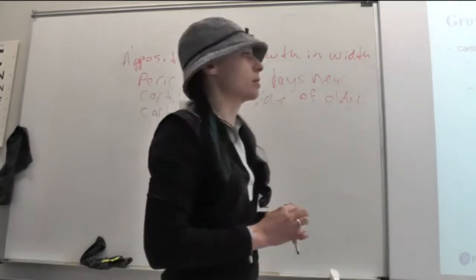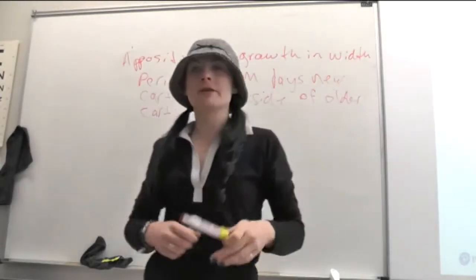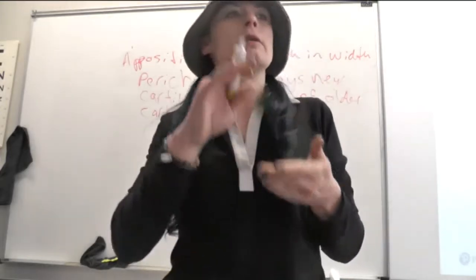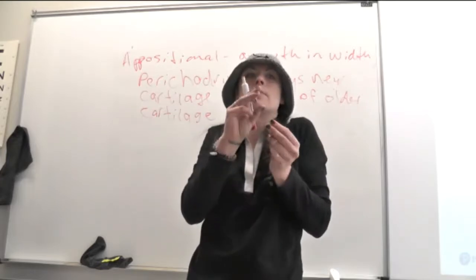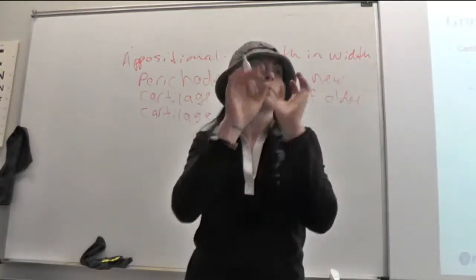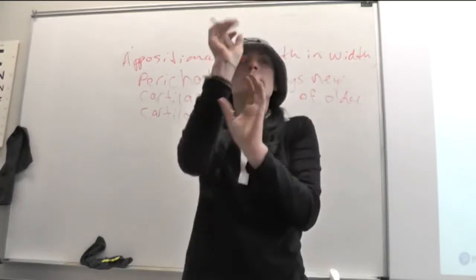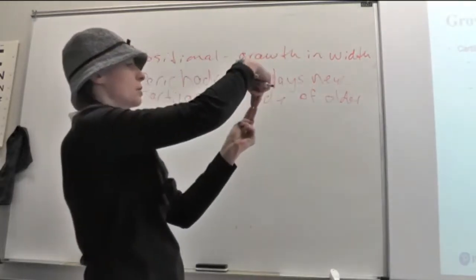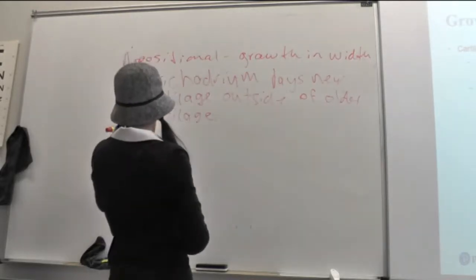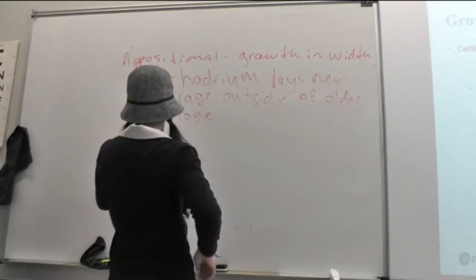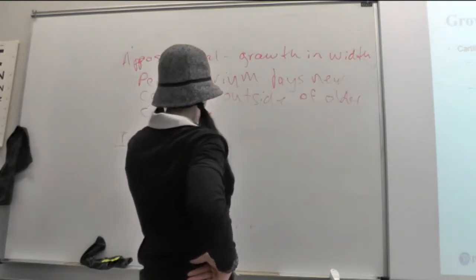The second way we can grow in cartilage and bone is what we call interstitially. Interstitial growth is growth in length. So this happens as our chondrocytes divide and push out and push up and trap themselves in a lacuna and surround extracellular matrix. So you have interstitial growth happening up as appositional growth is happening around. So the second type is interstitial growth, and this is growth in length.